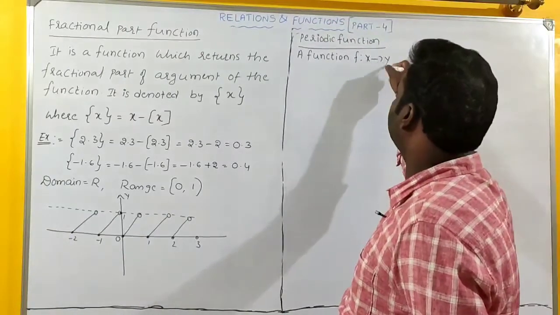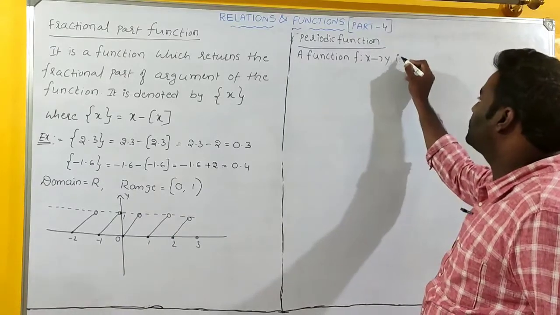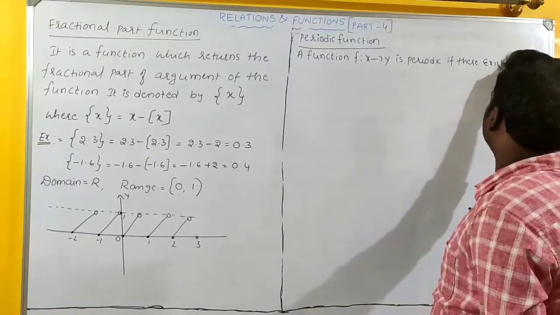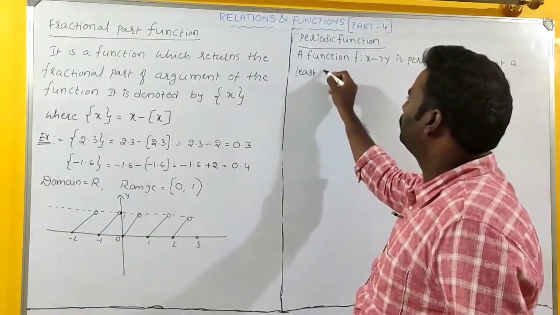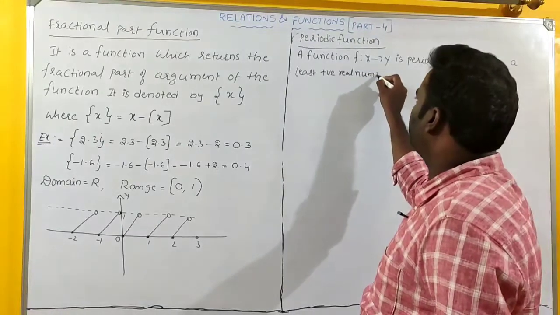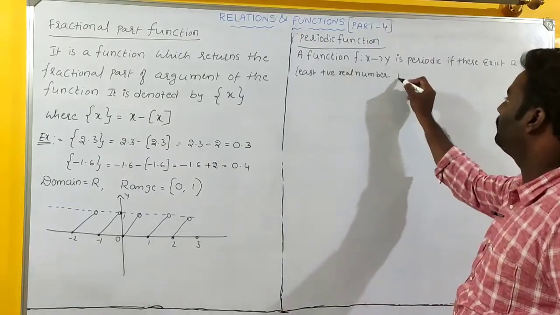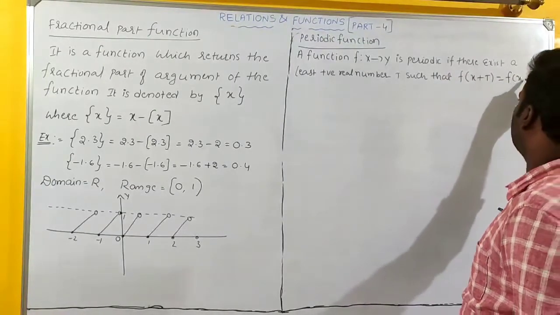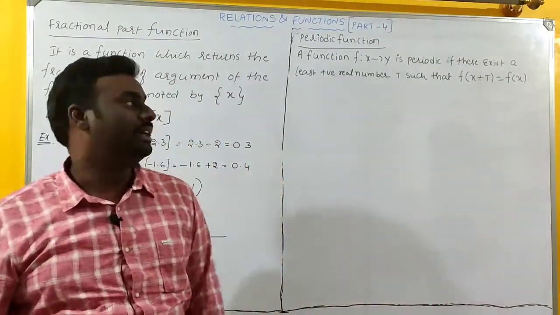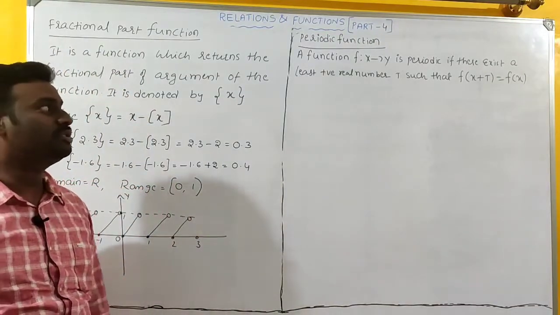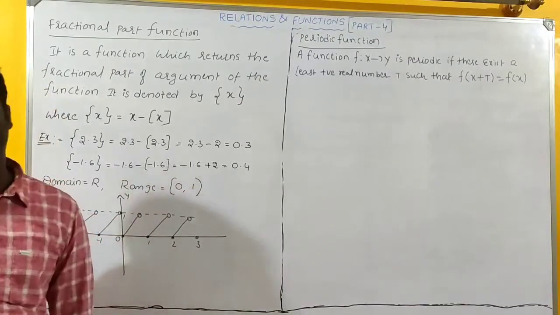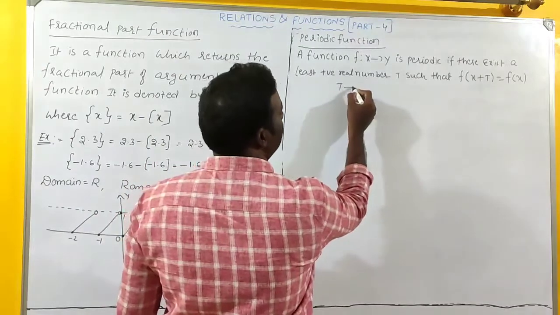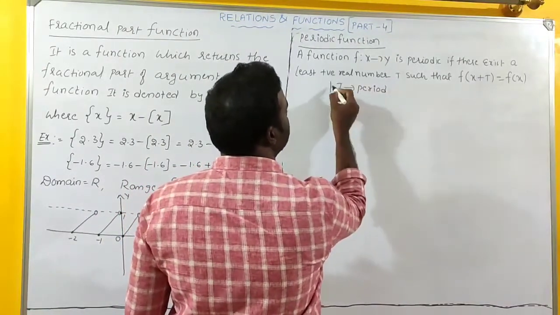A function f maps x to y is said to be periodic if there exists a least positive real number t, such that f of x plus t is equal to f of x. Here t is called the period.